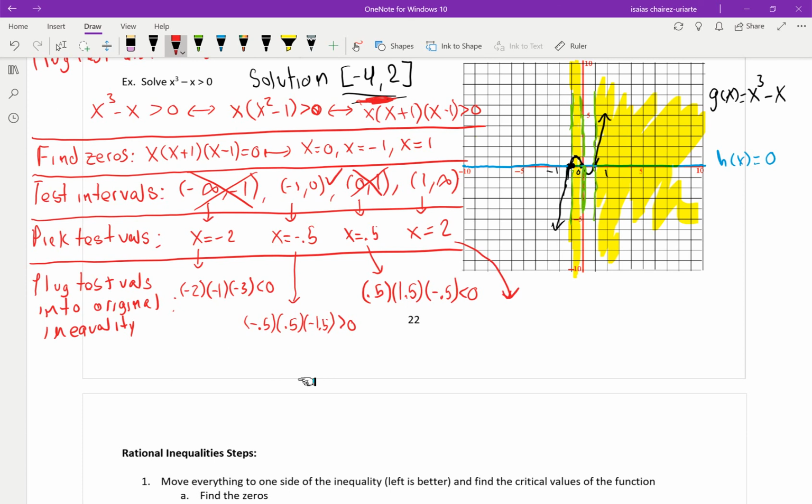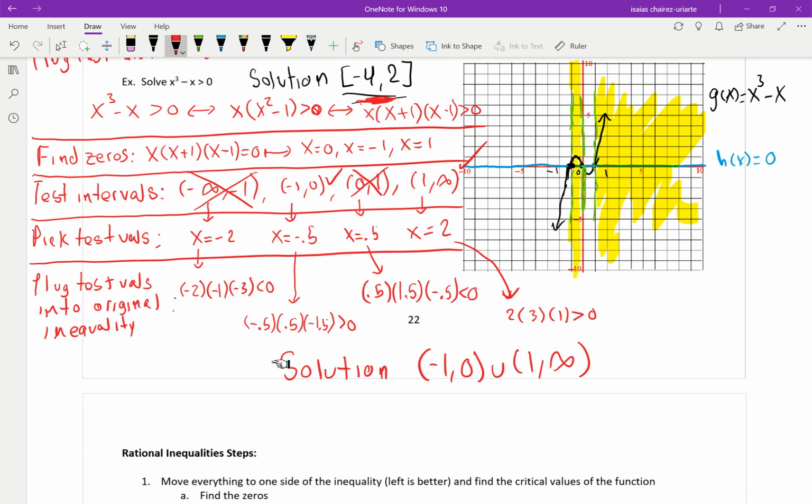So that would say 2 times 3 times 1, which is positive. So this is good. So then my solution becomes this: -1 to 0 union 1 to infinity. Yeah, that would be my solution to this inequality.